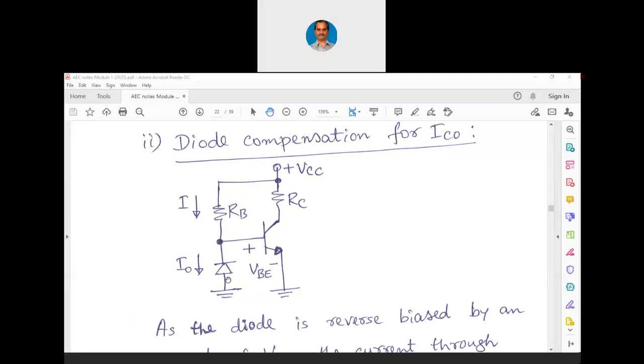Just like there we had one VBE compensation where we purposefully connected a diode in forward bias, here we are connecting a diode at the base in reverse bias, and whenever there is a change in the reverse saturation current in the base to emitter junction, the same way, because this is also made up of the same material. The diode as well as the transistor both have to be made up of the same material. Now the same change will occur in the diode also in the reverse direction. That is how even the reverse saturation current gets compensated.